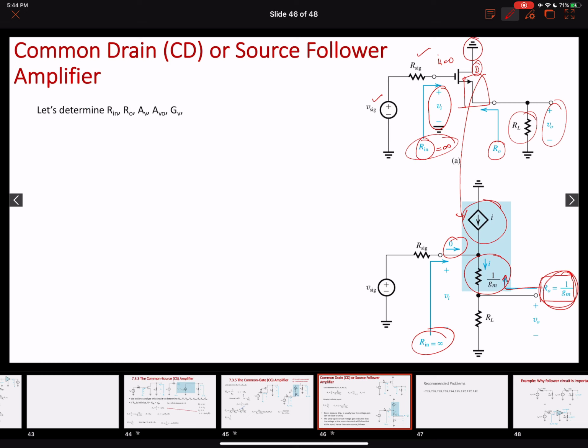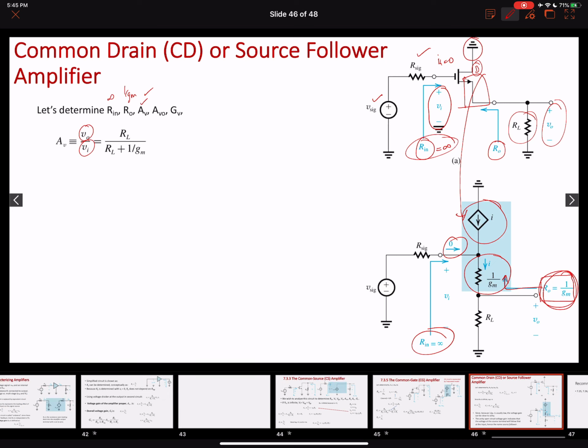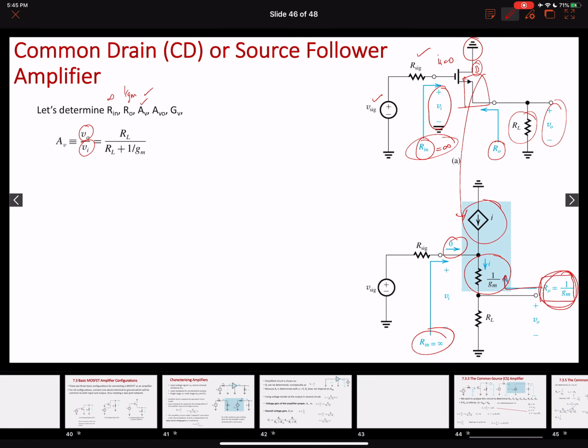Okay, so we ended up finding the value of Rin, which is infinite, and R0, which is 1 over GM. Let's find the value of the voltage gain. Our AV is equal to V0 over VI, which equals AV0 times RL over RL plus R0.